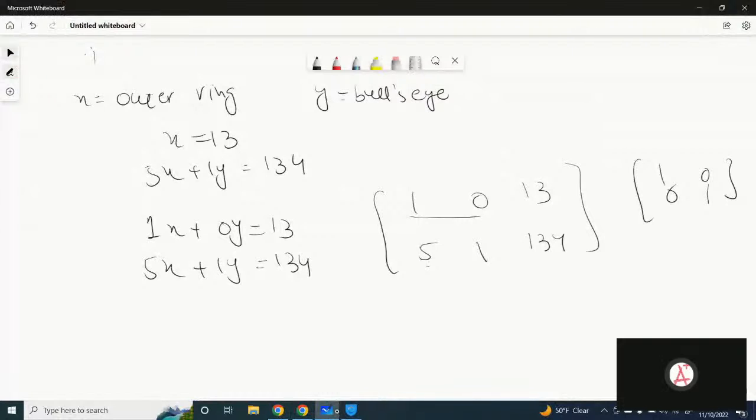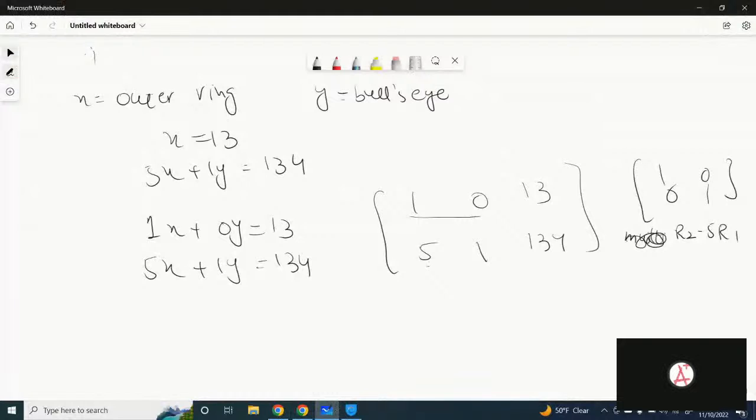You have to make 0 here. So R2 minus 5R1. Got it?